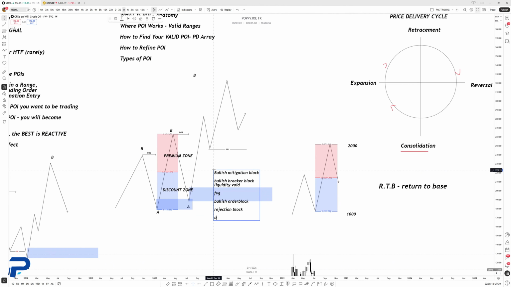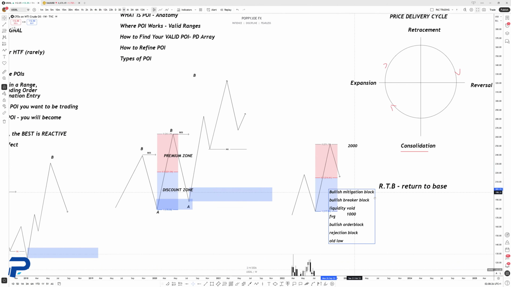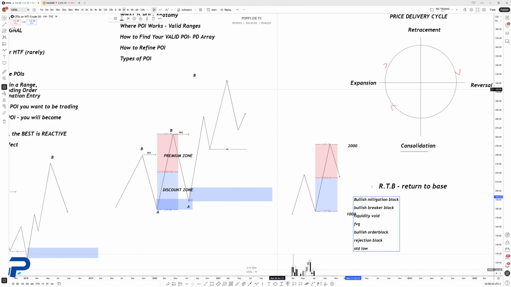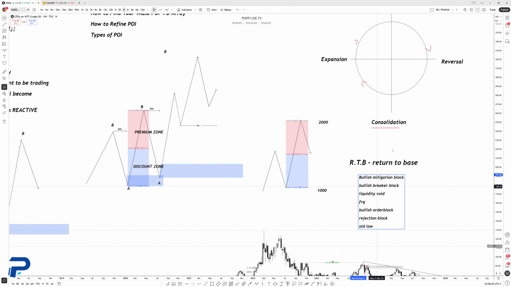These are the choices of POIs when you are trading in an uptrend. As price is coming from premium and going into discount, the first choice of POI according to the PD array is a bullish mitigation block. That's the first thing you look out for.